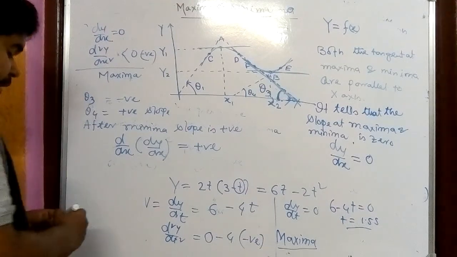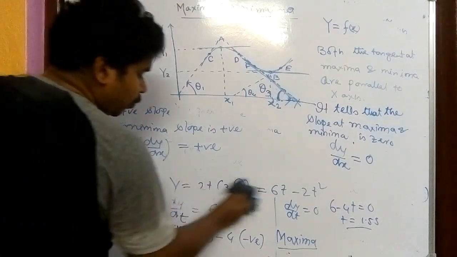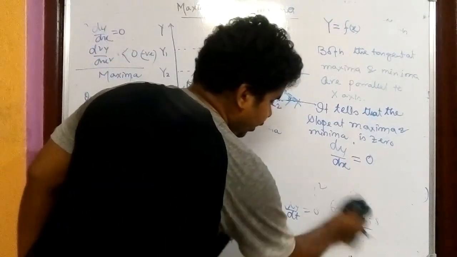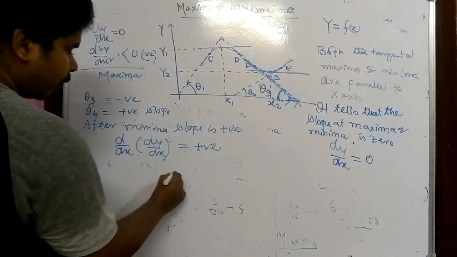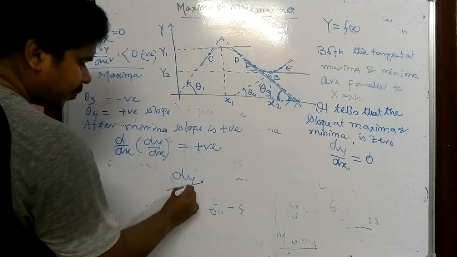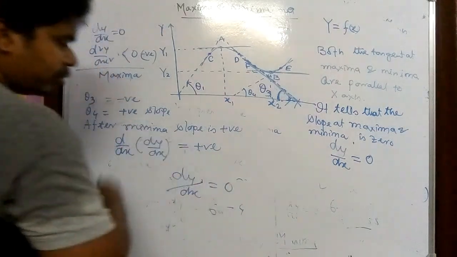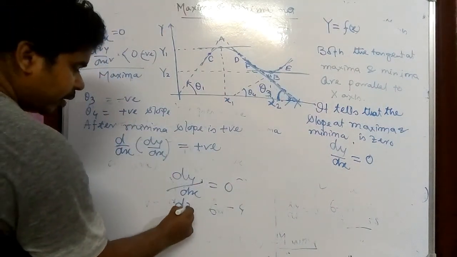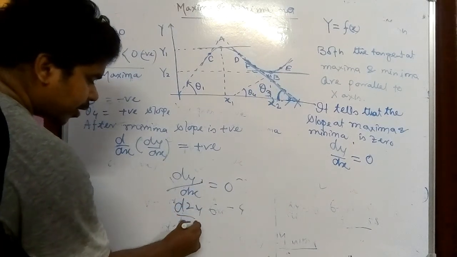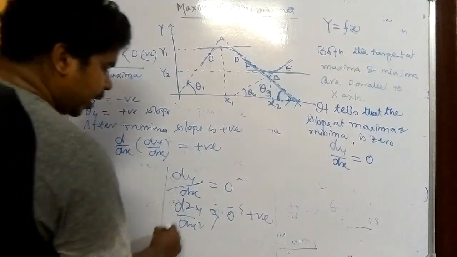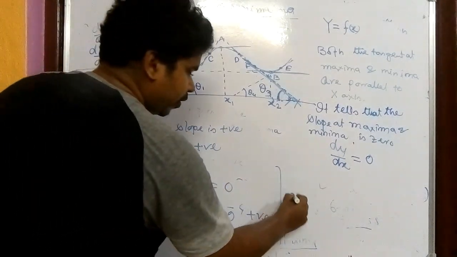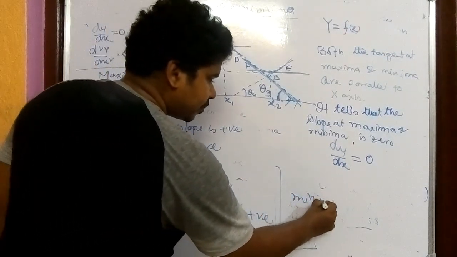So change of slope at B should be positive, because after minima the slope will be positive, right? So to find the minima point, first we have to find dy by dx, that will go to 0, and if d2y by dx2 is greater than 0, that means positive, then at that point we will get minima.